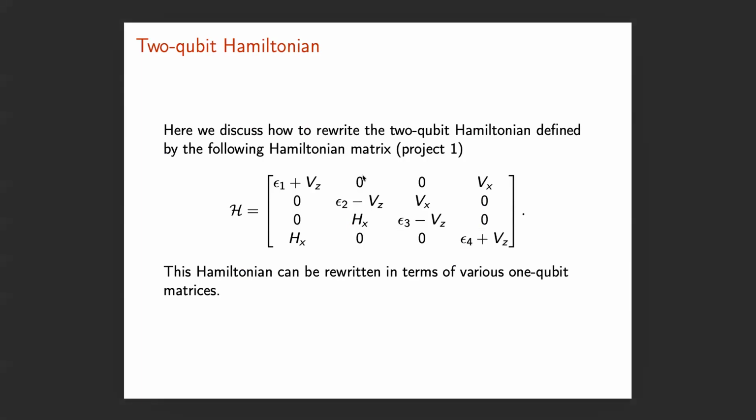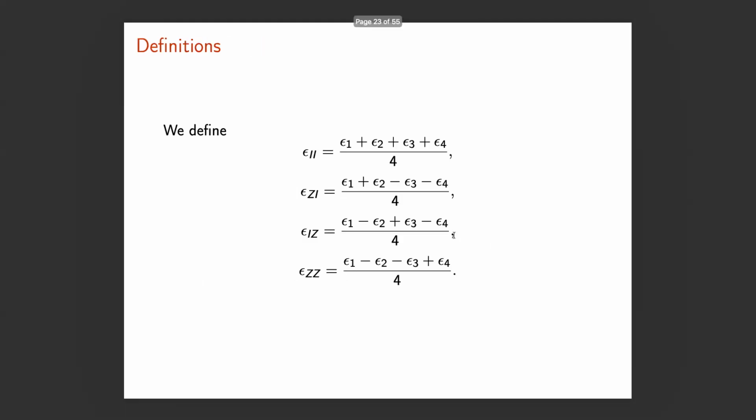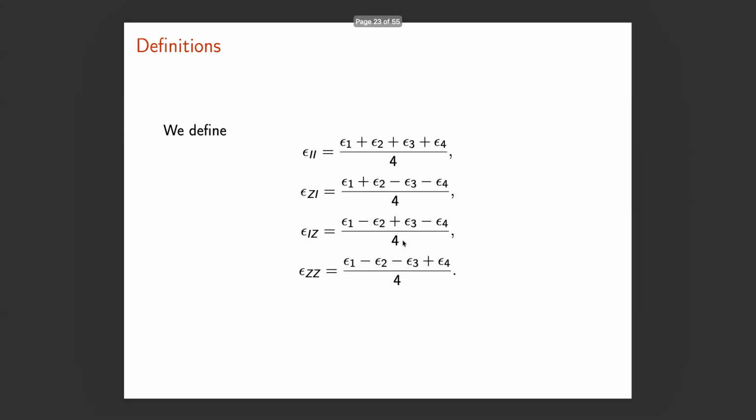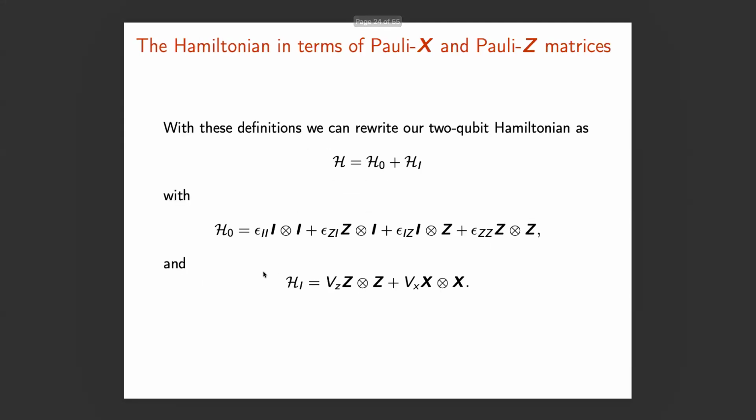We are now rewriting this part of the Hamiltonian in terms of these different coefficients, which we have defined here. And then you see I have a tensor product of 2 by 2 identity matrices, so that becomes a 4 by 4 matrix.